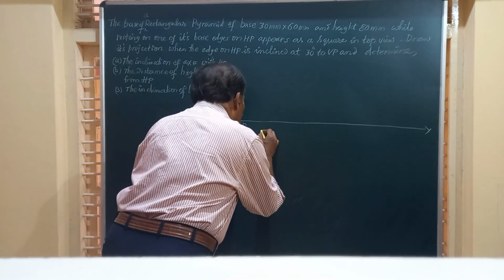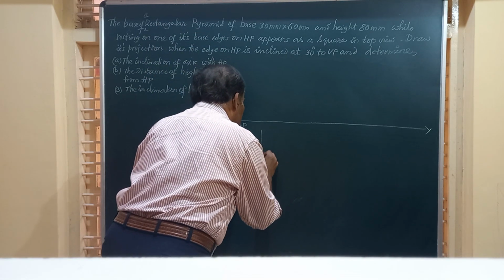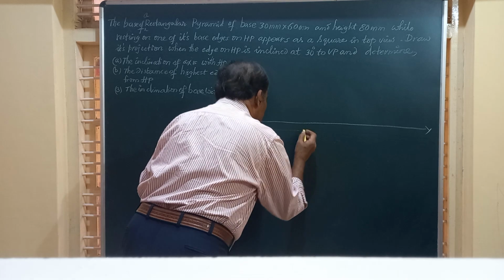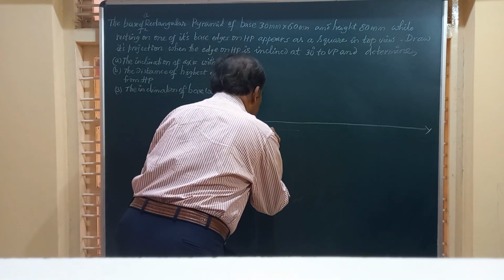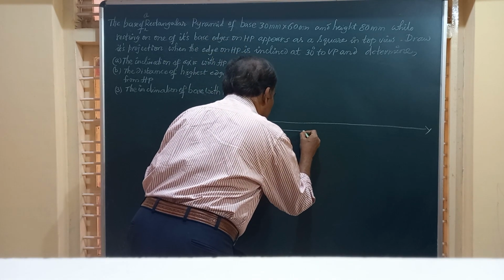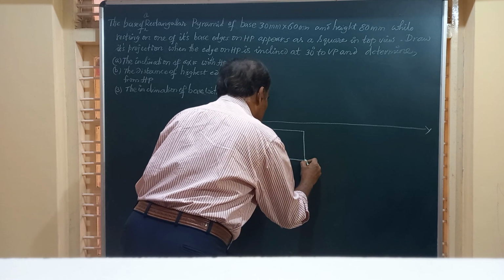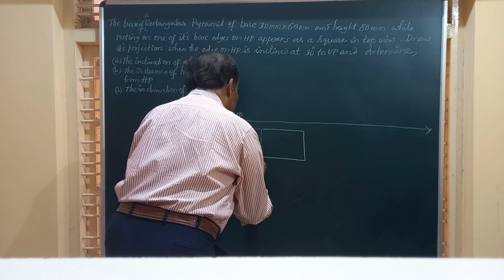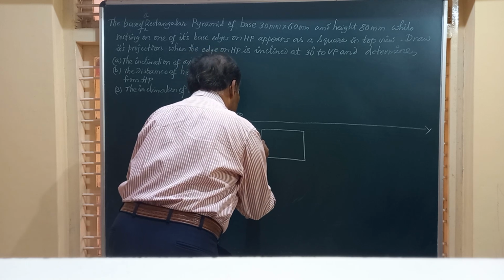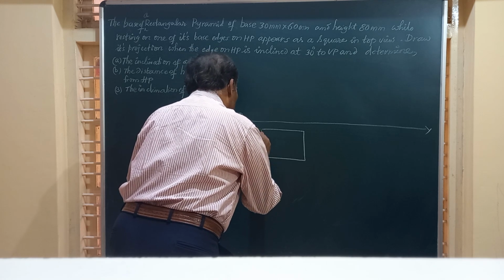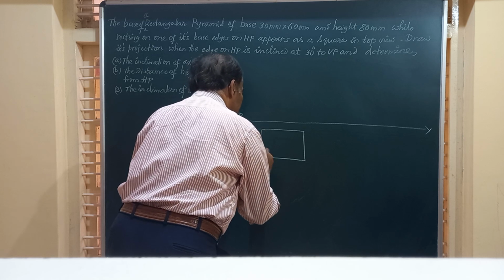Now friends, I am going to draw the top view of the solid, that is a rectangle of dimension 30 millimeter by 60 millimeter. So friends, this we will take as 30, the shorter edge, and I have given you very clearly why it should be placed like this.